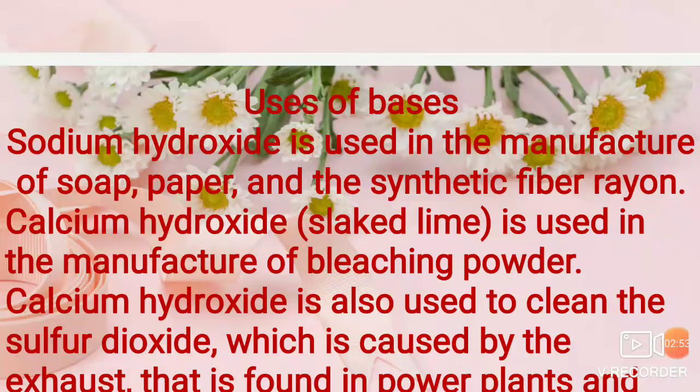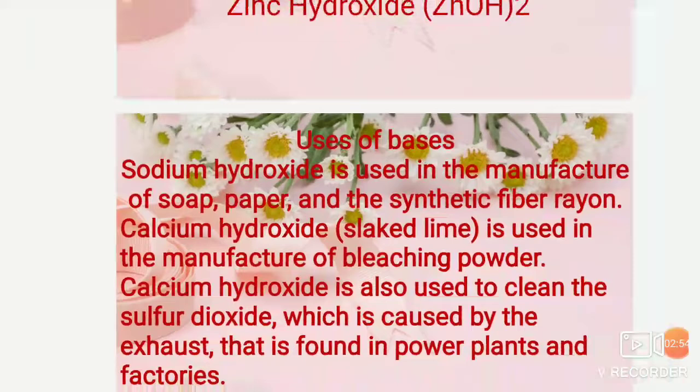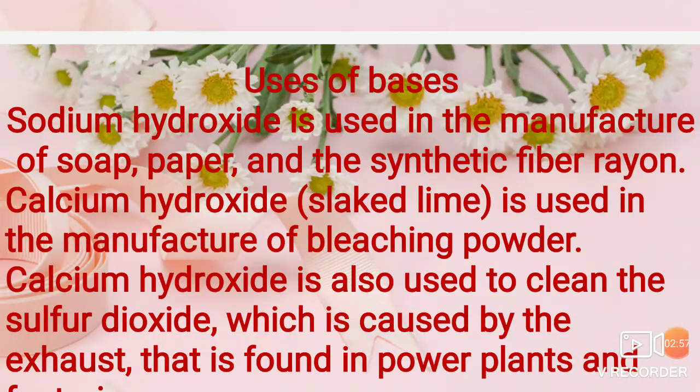Now the uses of bases. A lot of uses. Sodium hydroxide is used in the manufacture of soap, paper and the synthetic fiber rayon. Calcium hydroxide, also known as slaked lime, is used in the manufacture of bleaching powder. It is also used in the field if the soil has become more acidic.